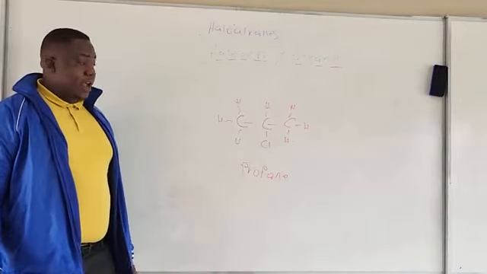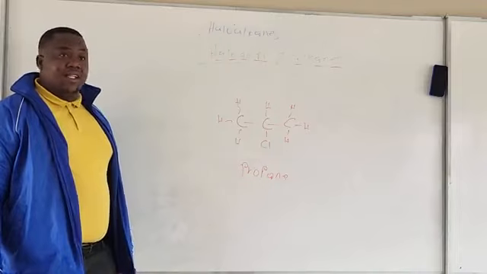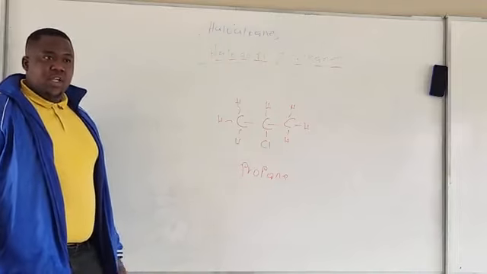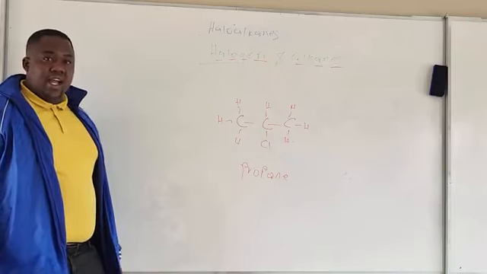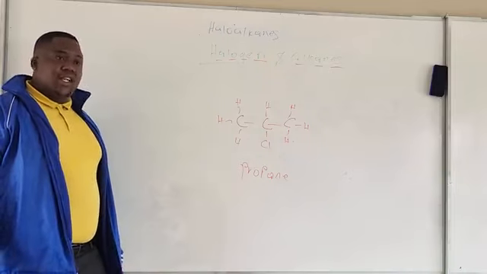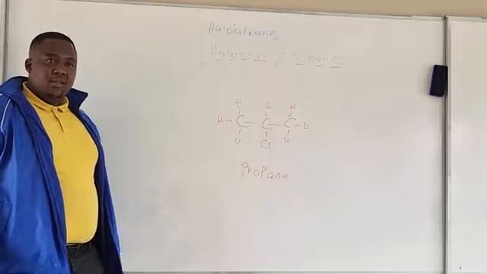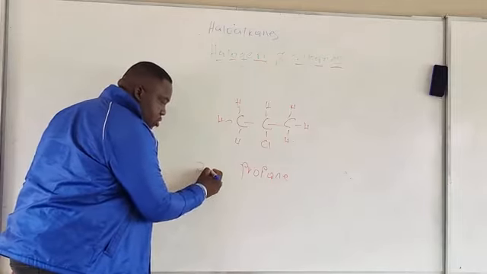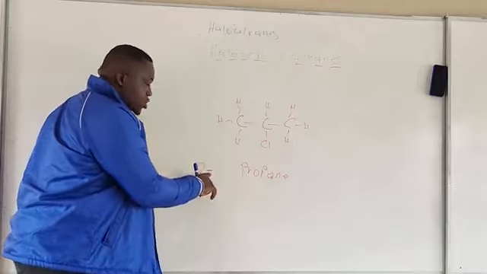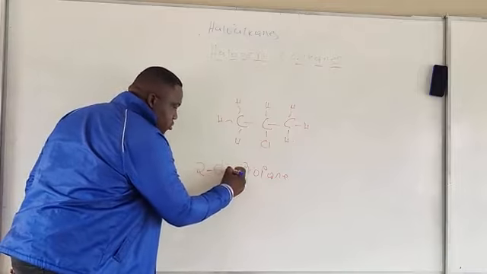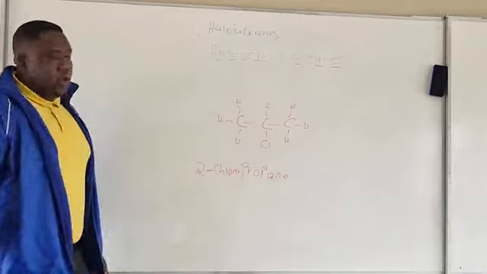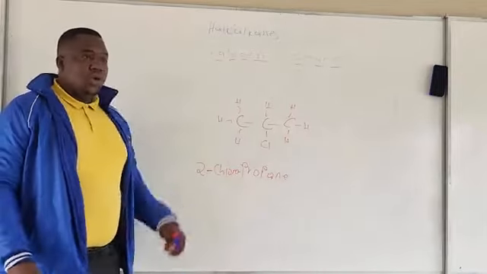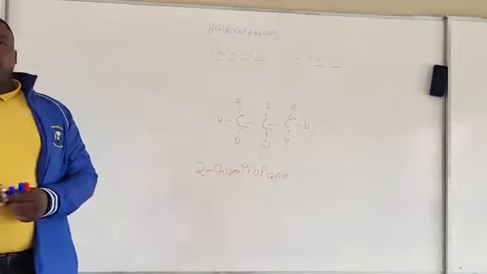Now we want to give the nomenclature of the chlorine. How do we include it? We need to indicate where the chlorine is. The chlorine is on carbon number 2. Don't forget this. 2-chloropropane. That one is called 2-chloropropane.